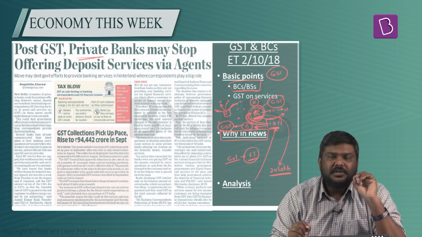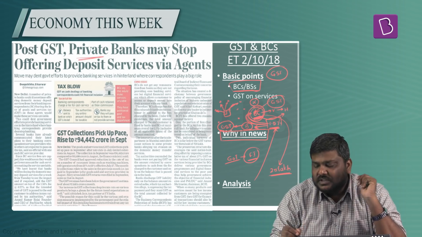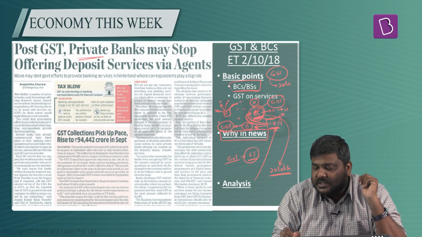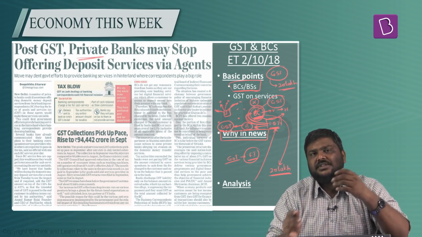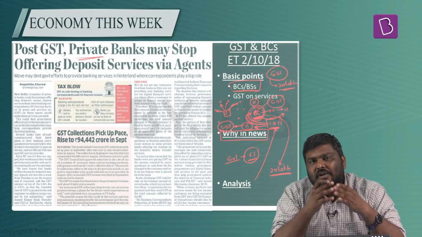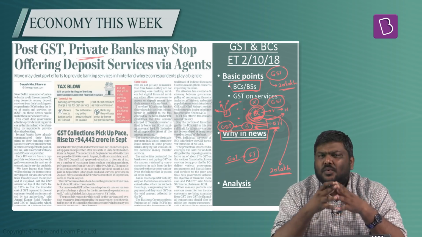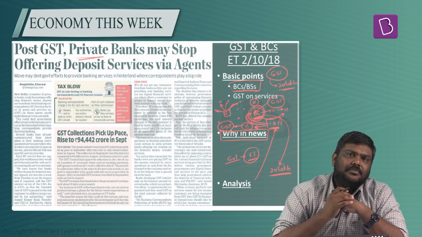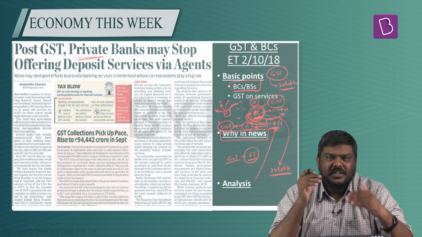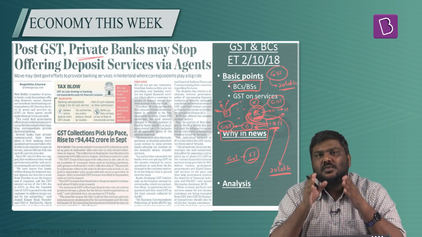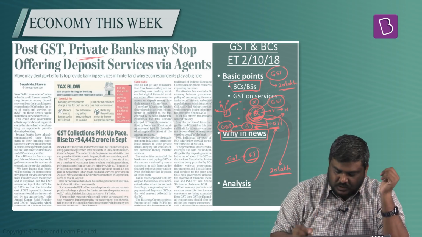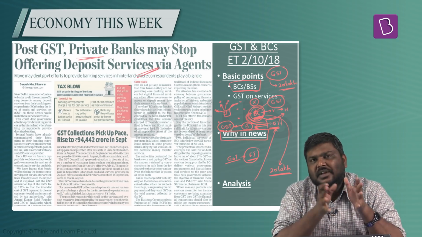That is, under GST, those units earning less than 20 lakh rupees do not come under the ambit of GST. And the second point, as already mentioned, the earnings of a banking correspondent are only in the form of the commission. If the Government of India imposes GST even on this, their earnings would fall substantially. So this is the analysis of this particular article.